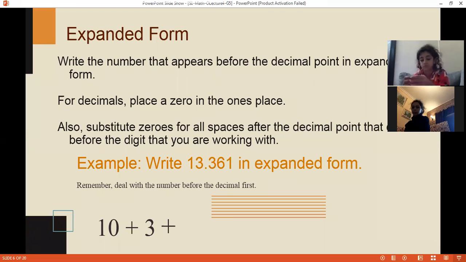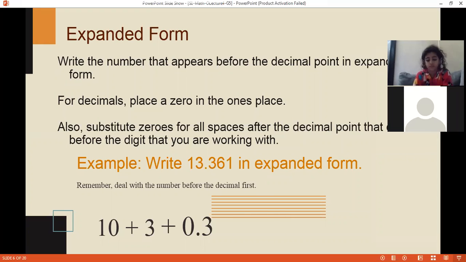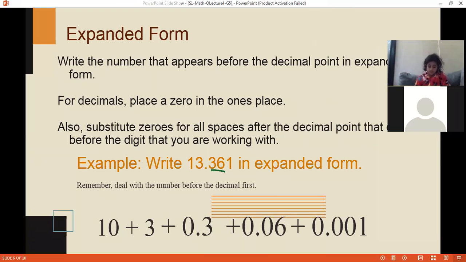So it's 0.3 plus 0.06 plus 0 point. Now you want to write the 1. You look before the 1. How many digits do we have? 2. So I replace them by zeros. So what do I get? I get 0.001. So it depends on how many digits you have before the number.